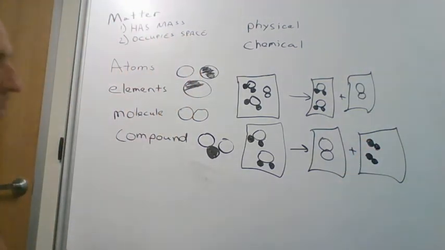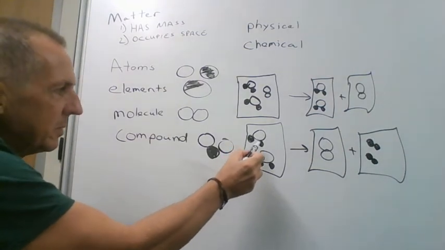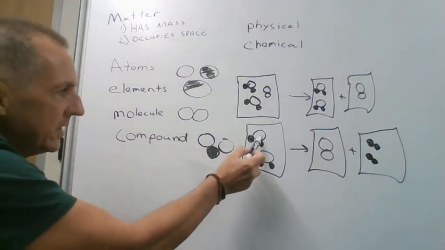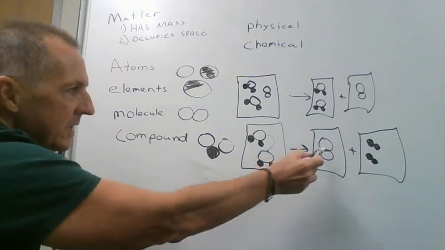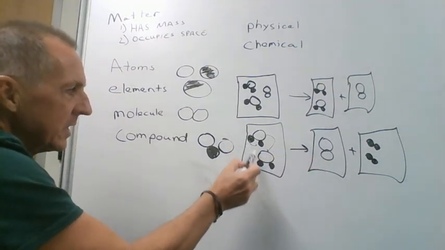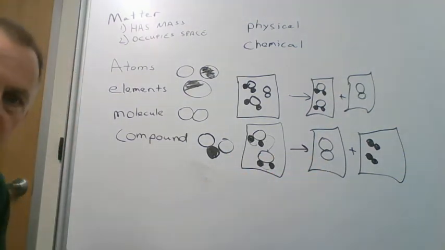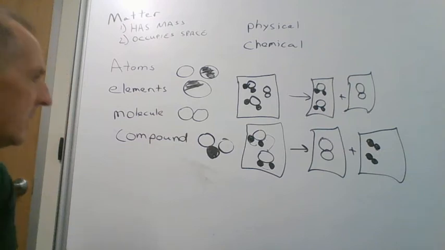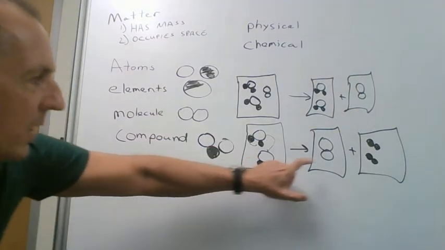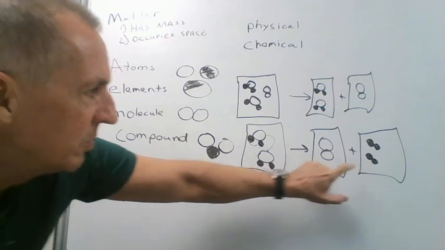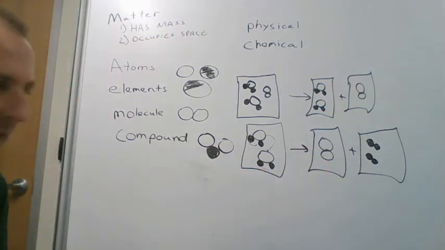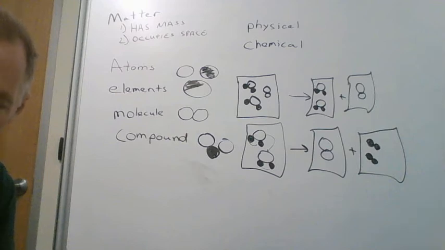So we've actually broken these chemical bonds here and made new chemical bonds, and now these two atoms are connected to each other. These two are connected and these two are connected. So we've actually formed new compounds, or we've destroyed this compound and made new molecules. So we've broken chemical bonds. So this would be an example of a chemical reaction.